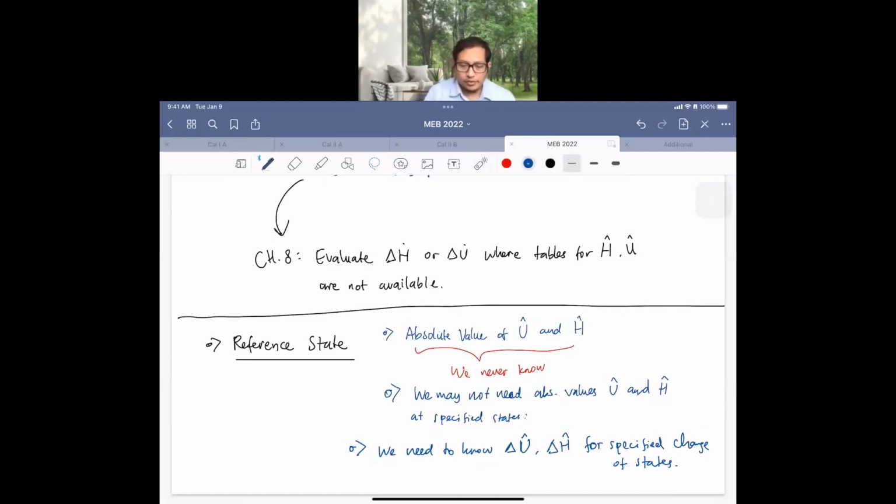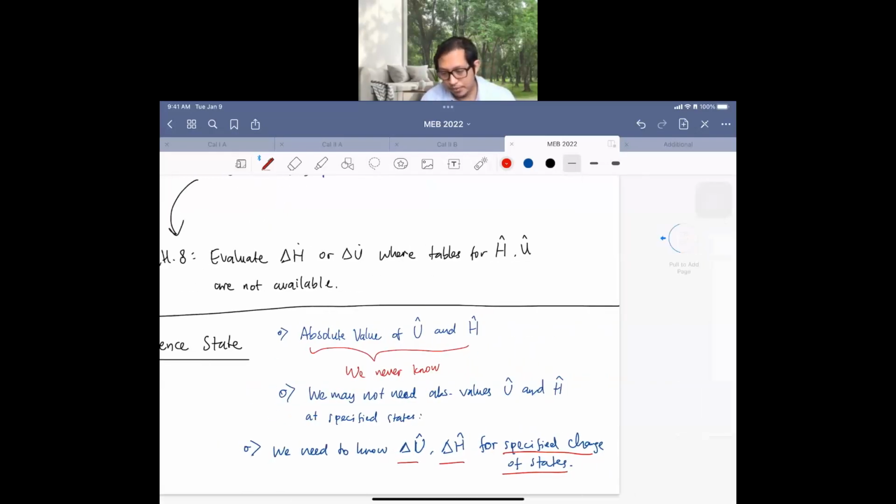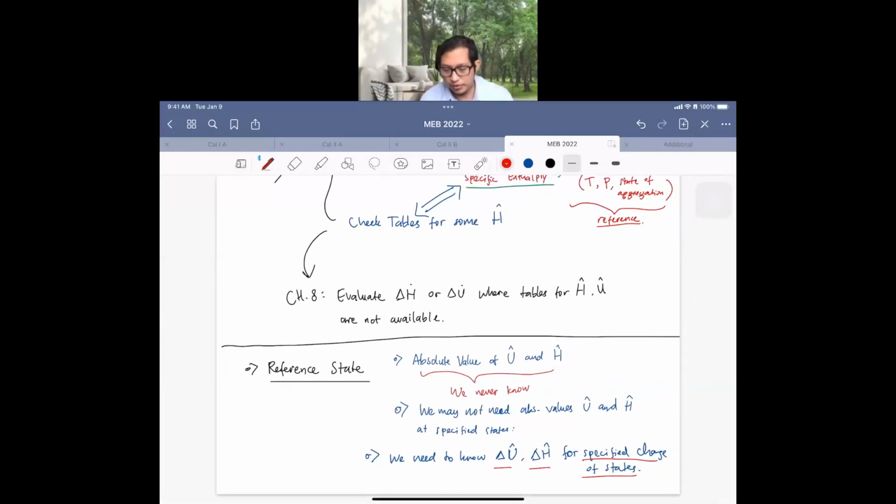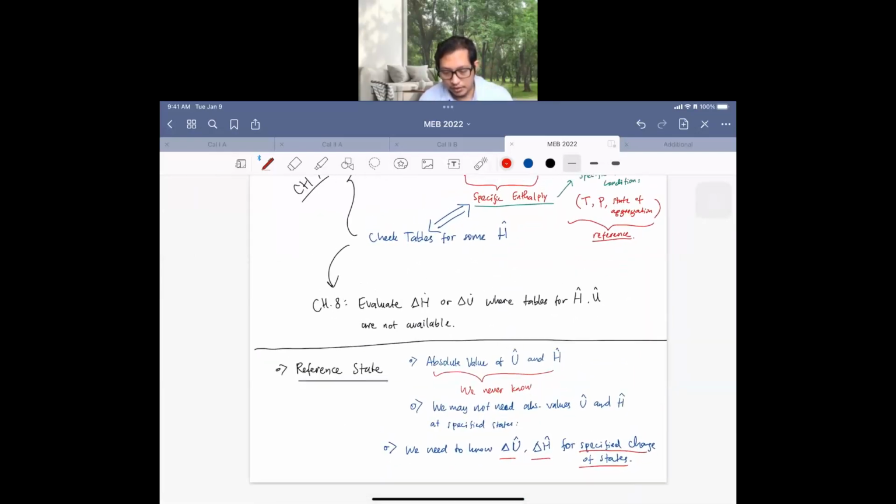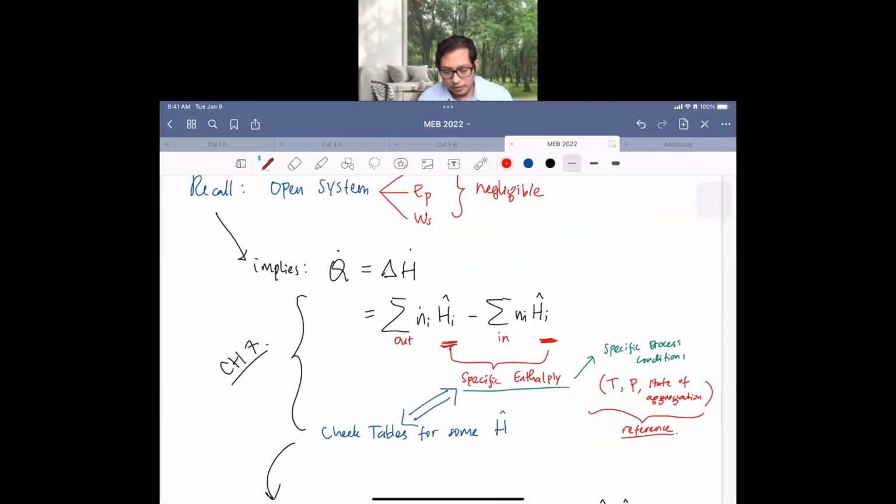So what we are going to do is approach the delta for some change in the state. So we need to determine what state it is, right? How to determine the state? Let me put it into a new page. If you want to take notes, you can take notes here.